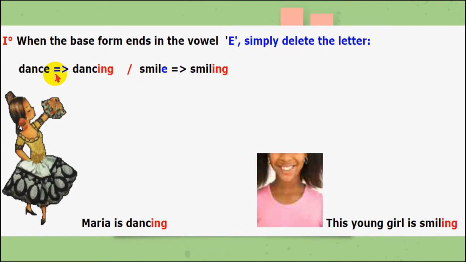For example, dance, dancing. Smile, smiling. Maria is dancing. This young girl is smiling.